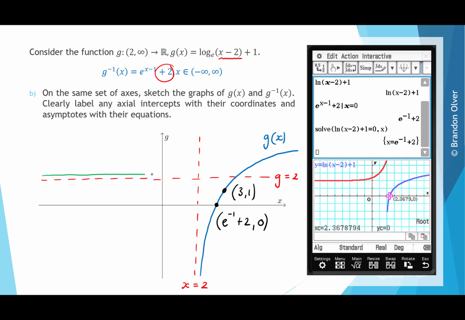So from our CAS calculator, we know that its graph looks like this, where this intercept here was at 0, e to the negative 1 plus 2. And if the point 3, 1 is on this graph, then 1, 3 is on the graph of the inverse because x and y have been swapped. So in the green, that is the inverse of g of x.